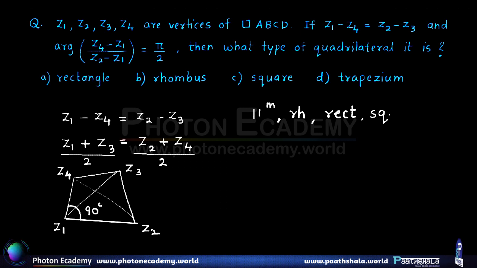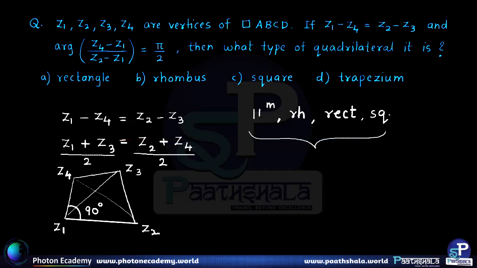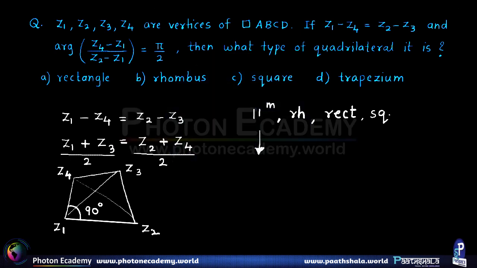So if this particular angle is 90 degrees, and if we couple that with the possible types, then the only conclusion that we can draw is the minimum type of the 4 types which we have written here is the parallelogram, because that is the most general possibility about a quadrilateral whose diagonals bisect each other.